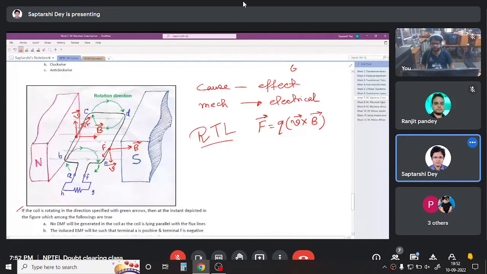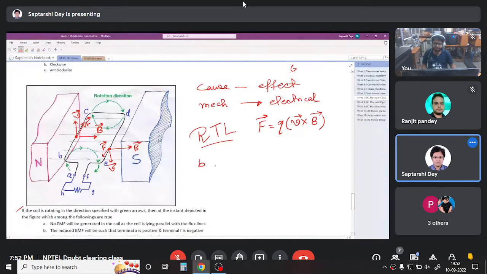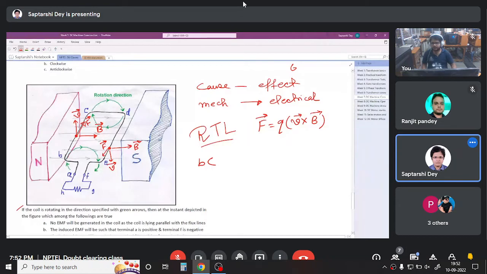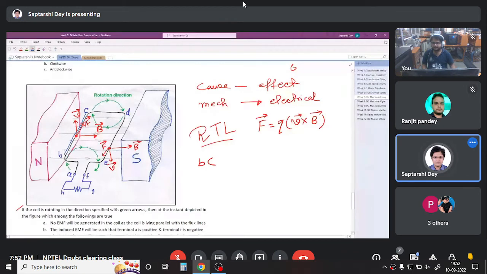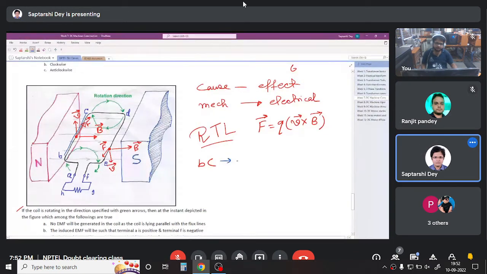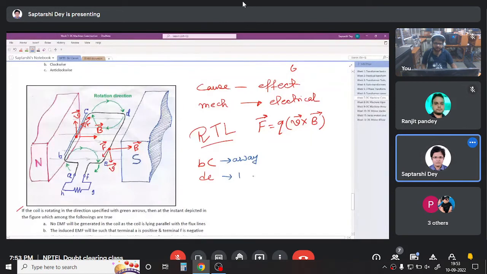F. So all the positively charged particles in this BC sector, in this half of the coil, we draw it with blue, they will move away from us. And all the positively charged particles in the DE sector, they will come towards us.